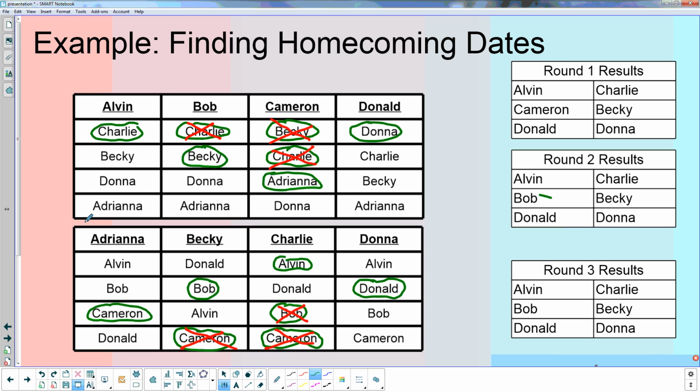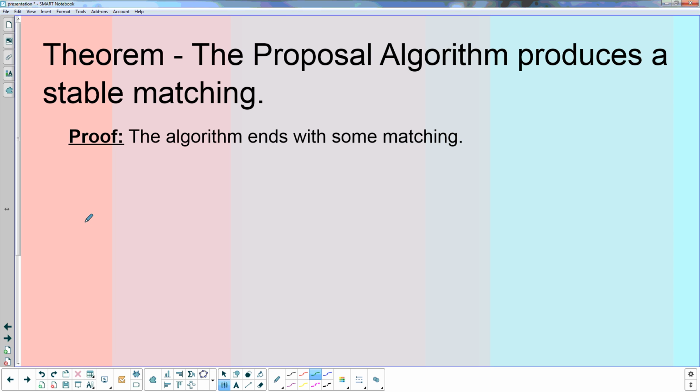He got down to only 2 names on his list, and thankfully the second to last name said yes, and he didn't have to go with the bottom name on his list. So this algorithm will end at some point with some matching.